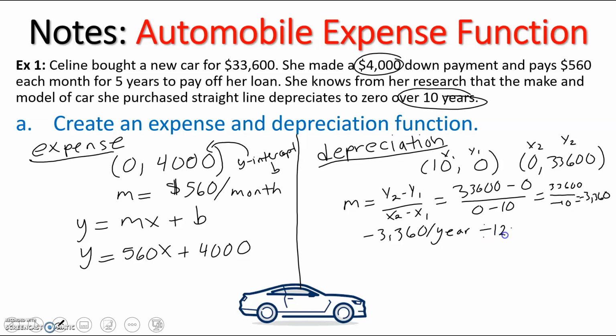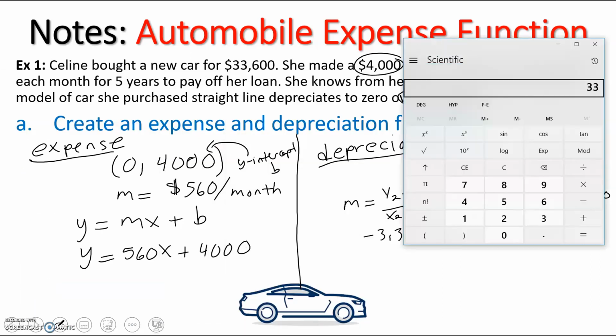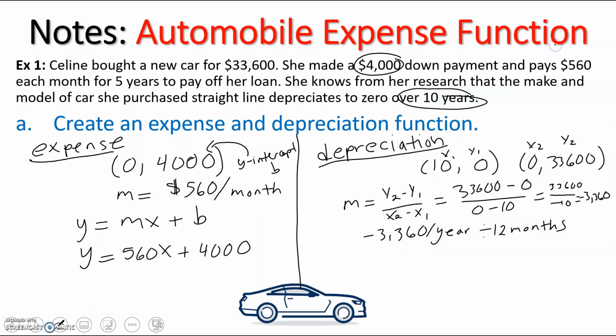So we're going to divide by 12 months because there's 12 months in a year. So we have our 3,360 per year divided by 12, and we see that this car is losing a value of negative 280, and that's per month. So we're going to use that for our slope.